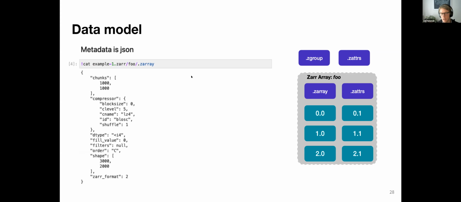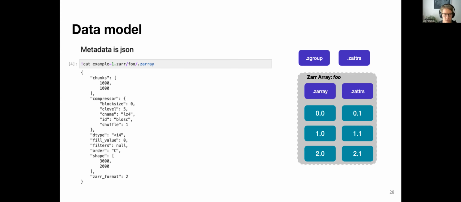It's worth stopping and taking a look at the .zarray file inside of foo. This file is just JSON. It's just a JSON object, and so we can just use the Unix cat command to take a look at this, and we'll see all the same metadata that we just wrote, and a few defaults that I didn't specify. So the chunks are 1000 by 1000. The shape is 3000 by 2000. It obviously specifies the Zarr format down at the bottom.